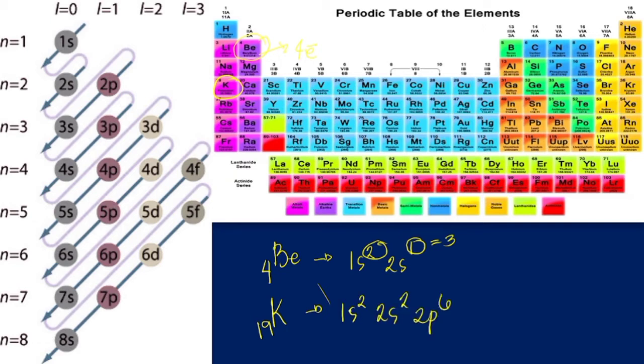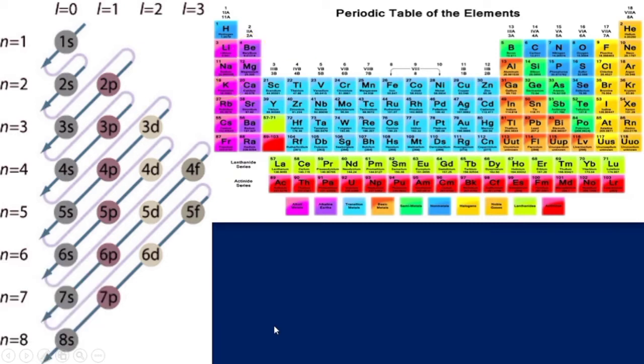Then 3s2, that's already 12. 3p6, so this is 18, and we have also the 4s1, so these are 19. So let's count: 2 plus 2 equals 4, plus 6 is 10, plus 2 is 12, plus 6 is 18, and then 1 more is equivalent to 19 electrons.